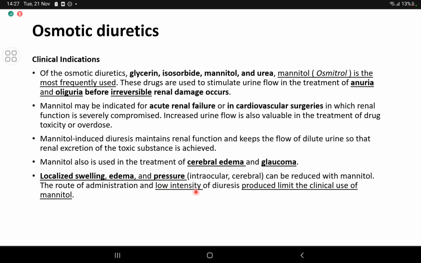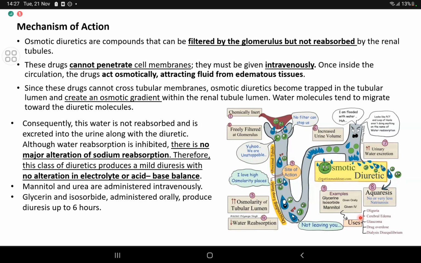It cannot excrete much sodium, and that's why there is limited clinical usage of these drugs. Only in certain conditions can you use them. This cartoon shows the mechanism of action. If you have time, go and read this cartoon and appreciate it.